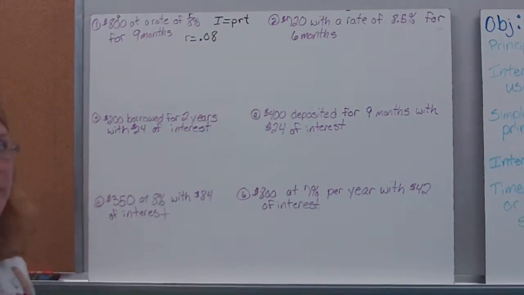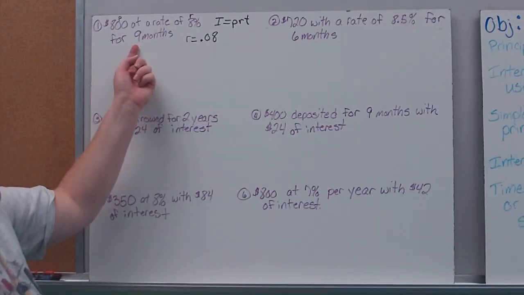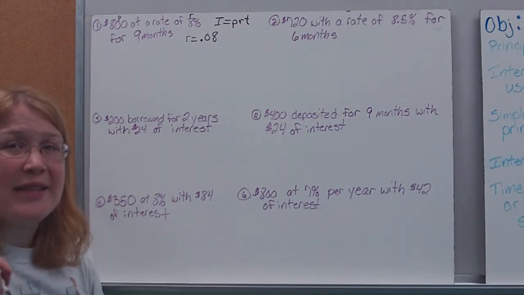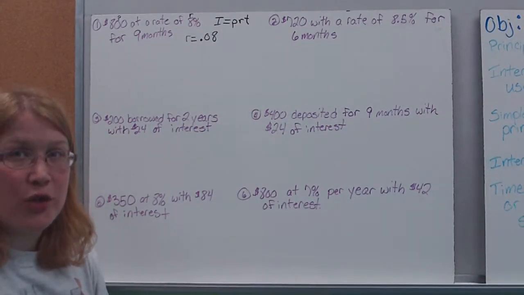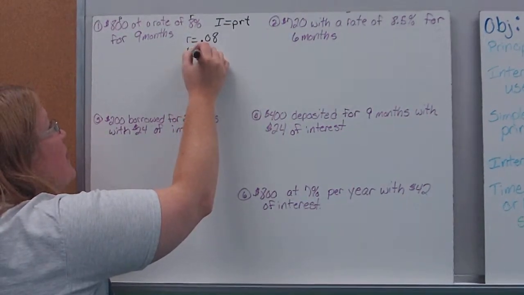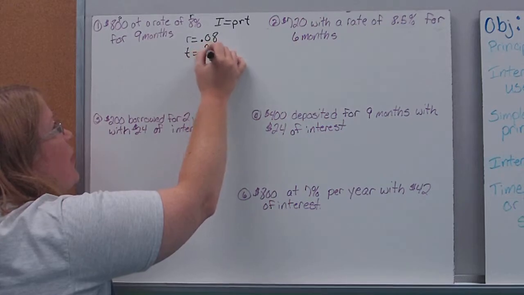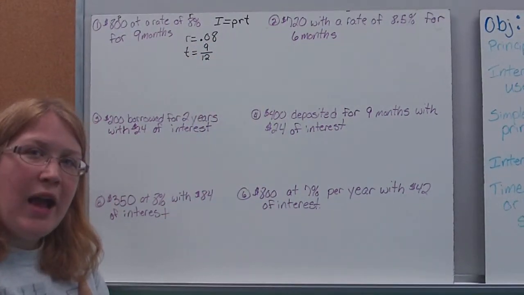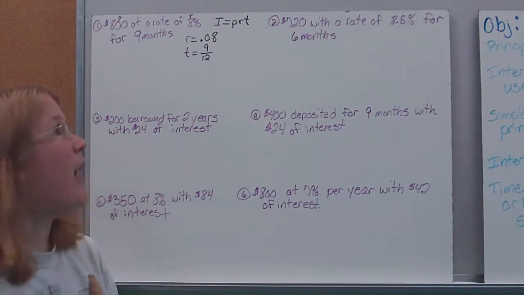All right? For 9 months, I just told you that time has to be in years. They've given me months. So what you need to do is think to yourself, well, how many months are in a year? 12. So 9 out of those 12 months, it was deposited.